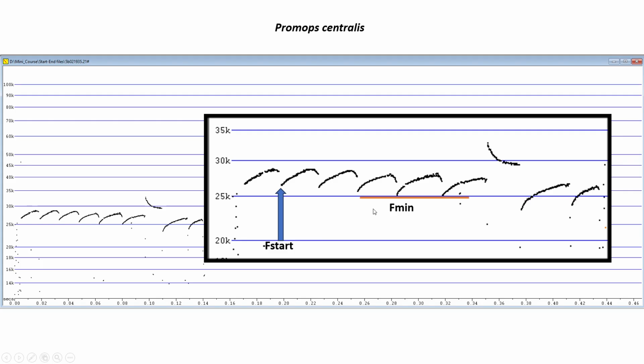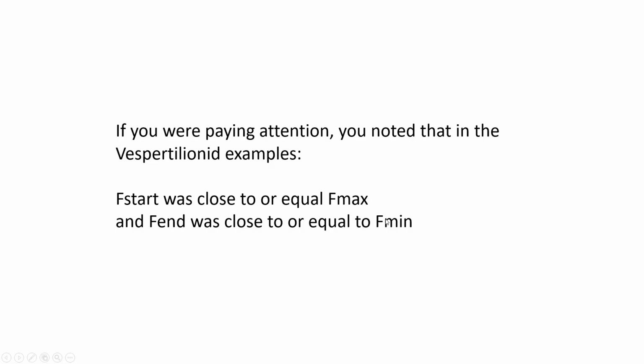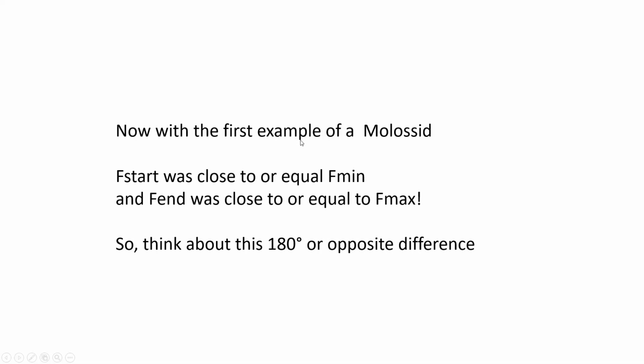If you were paying attention, hopefully you weren't sleeping, you noted that in the Vespertilionid examples, F start was close to or equal to F max, and F end was close or equal to F min. Now, with the very first example of a molossid, F start was close to or equal to F min, and F end was close or equal to F max. So think about this: 180 degrees, or opposite difference.